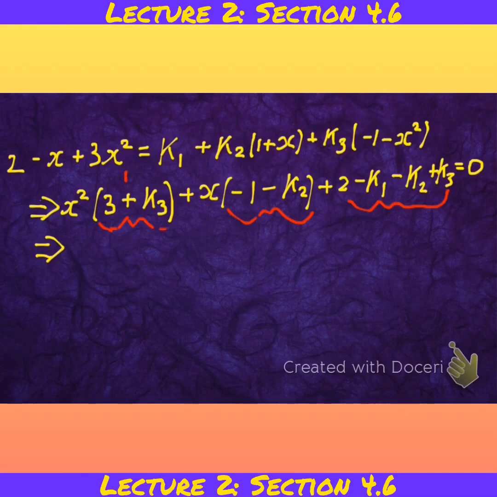Because if this value is not 0, then you're going to have a polynomial on the left hand side that has degree 2 equal to 0 for all values of x, and that is going to be impossible because a polynomial of degree 2 can have at most 2 roots, but in this case the polynomial is going to have infinitely many roots, which is impossible. So therefore that has to be 0.